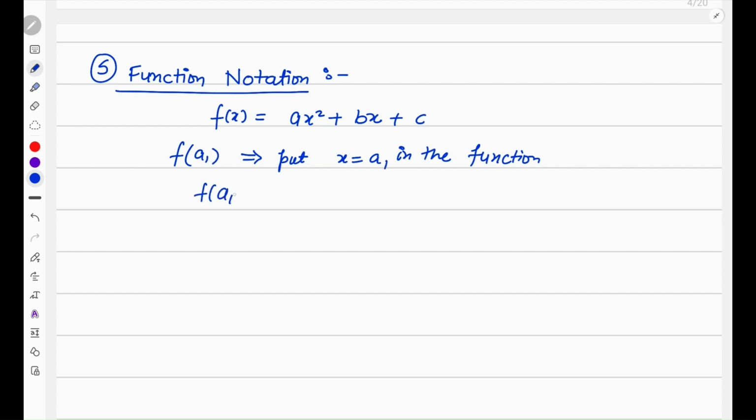So f(a1) will become a into a1 square plus b into a1 plus c.